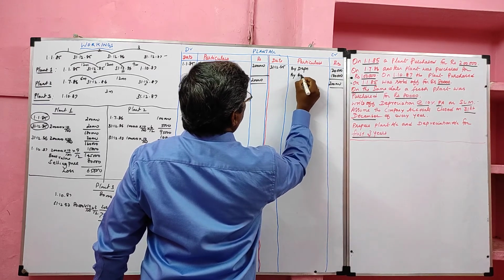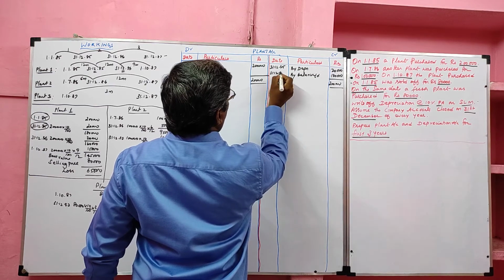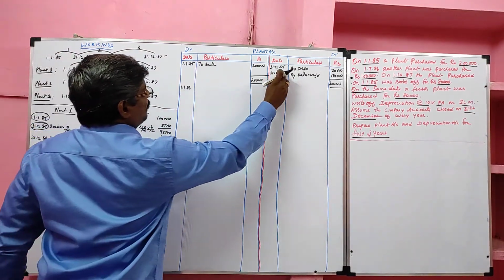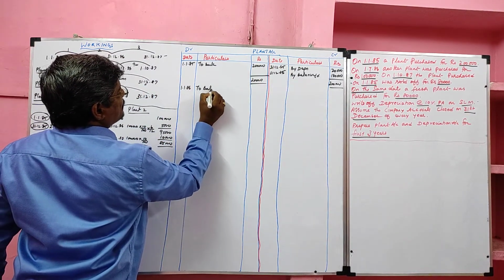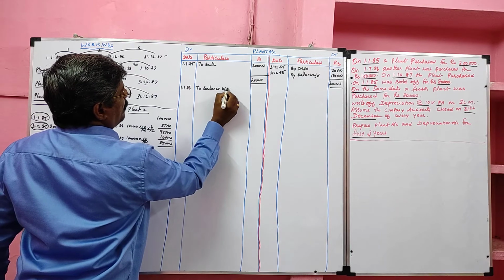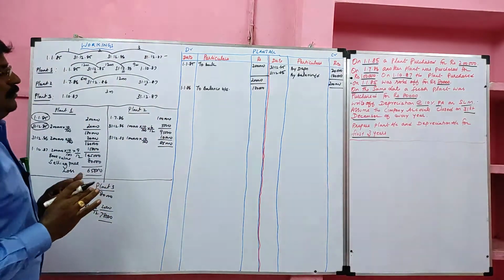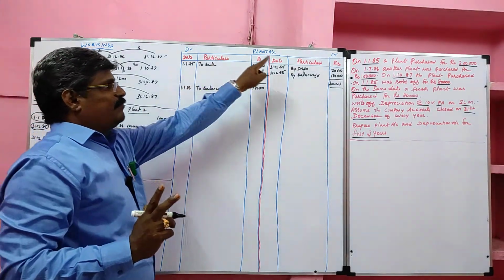So by balance c/d on 31/12/85, the opening balance of 1986 is to balance b/d, value 1,80,000. So in 1985 they did 2 things: they purchased and they provided depreciation.